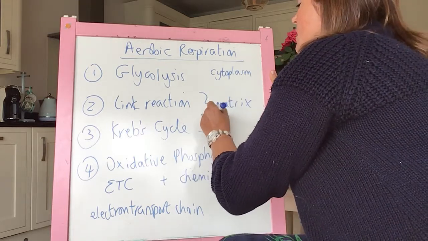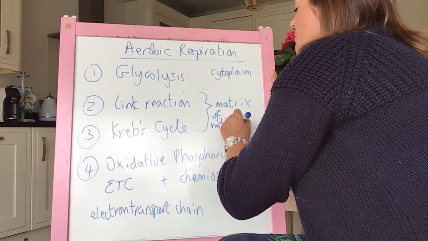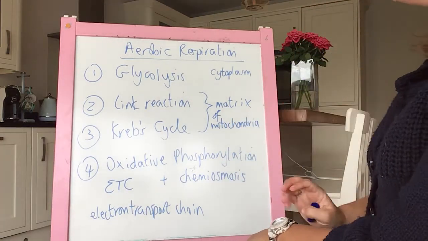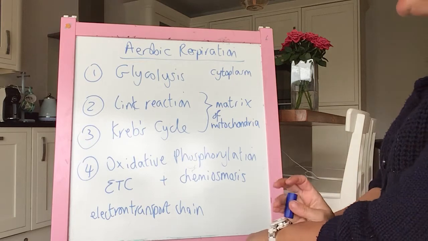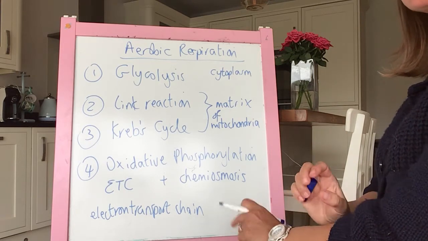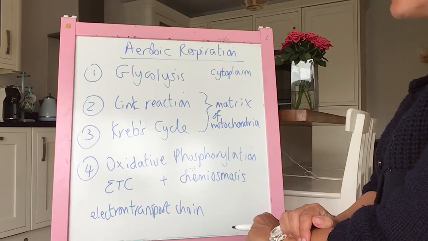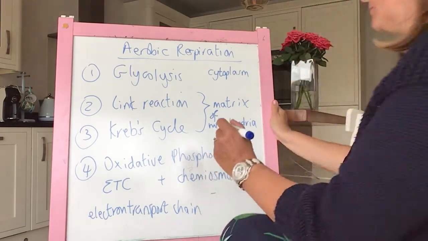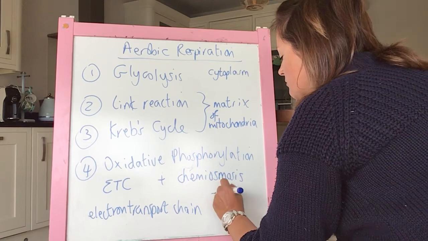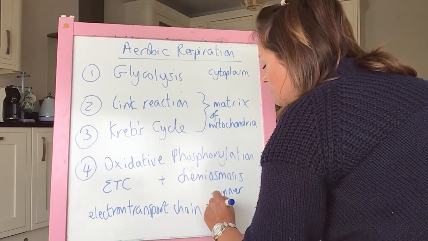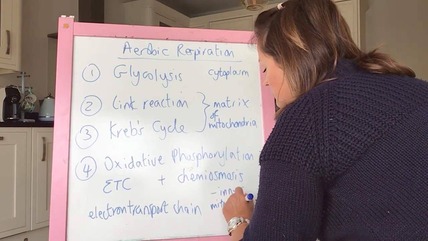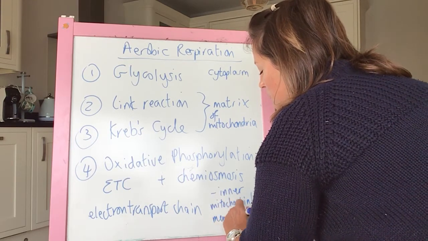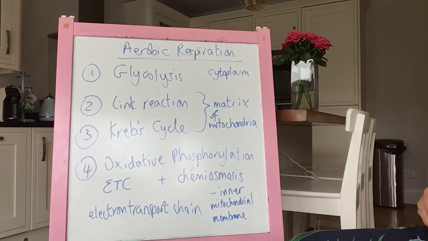So matrix of mitochondria. Okay, and then this final stage, oxidative phosphorylation, occurs on the cristae, so the inner mitochondrial membrane. Let's just see if I can squeeze that on. Can you see that? Yeah, okay.